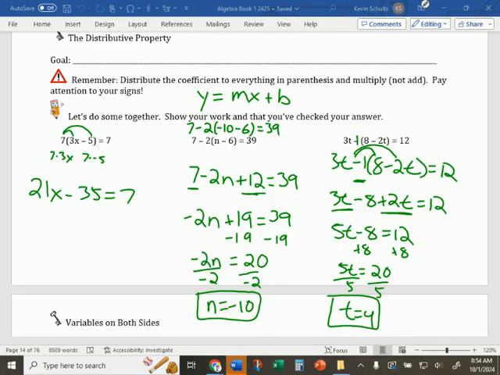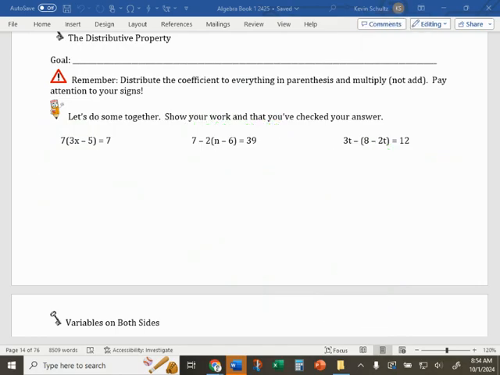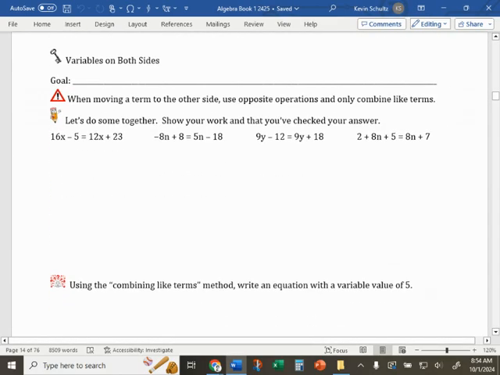Okay. The third type of multi-step equation is variables on both sides. And this gets confused with combining like terms a lot, because in combining like terms, you've got two variable terms or two constants that you put together, you simplify.